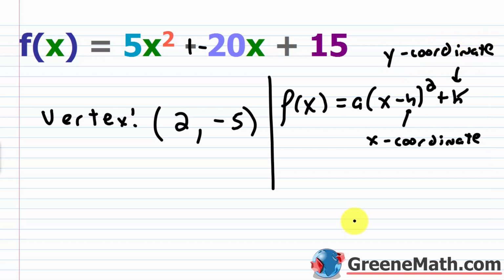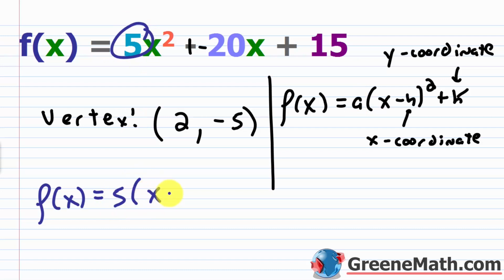So what we want to do here is say we have f of x equals, what's my a? It's the 5. So 5 times the quantity x minus, what's my h? It's the x coordinate. From the vertex, my x coordinate is 2, and this quantity squared, and then plus my y coordinate, which is k. So this is negative 5 in this particular case. I can put plus negative 5 if I want, or I could just put minus 5. It doesn't really matter. So the vertex form here is f of x equals 5 times the quantity x minus 2 squared, and then minus 5.